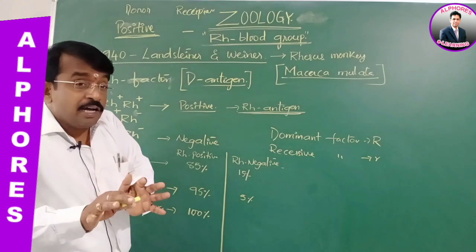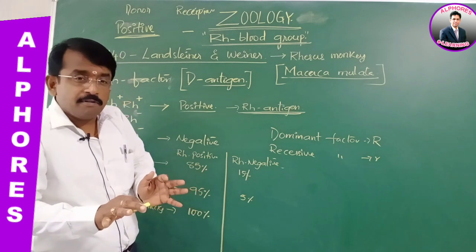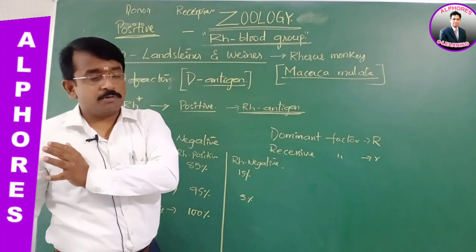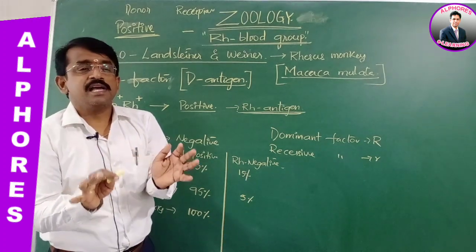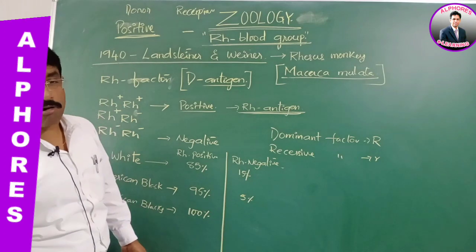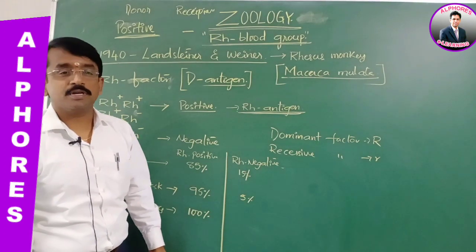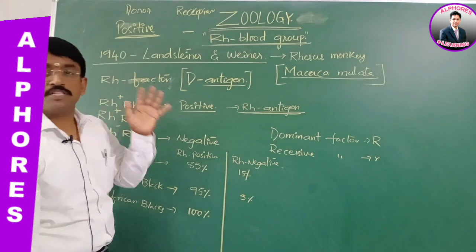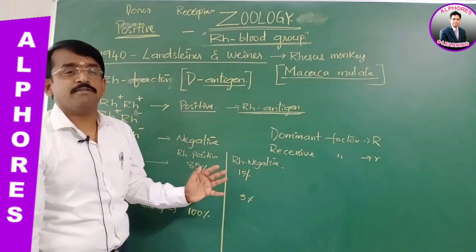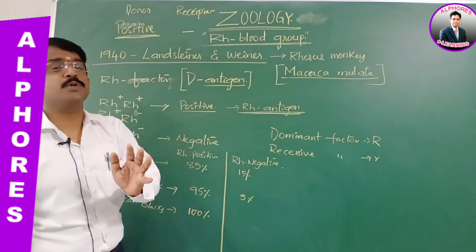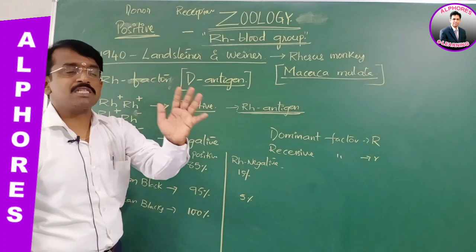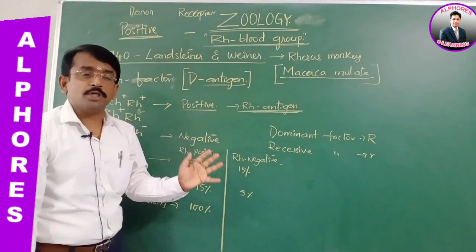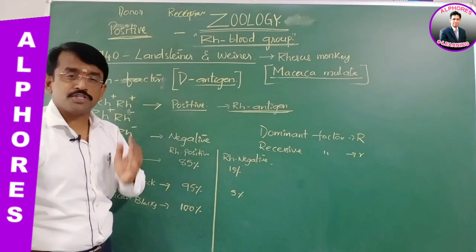But if the donor is Rh negative and the recipient is positive, it is not going to show any ill effects or consequences in the recipient. So, it is the thing to be taken into consideration that the recipient should be positive. If the recipient is positive, no harmful consequences are going to happen in the progeny to come and also the recipient individual.